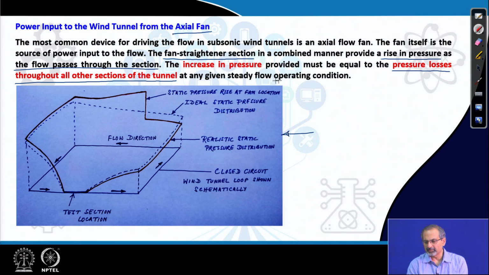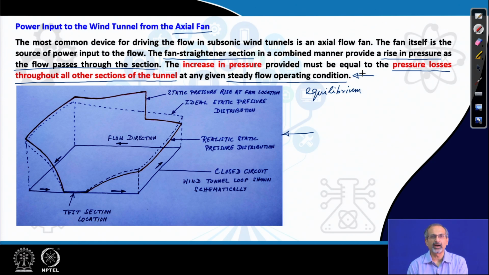And this happens when it is operating steadily. That means the power input at the fan end is exactly balanced with the power losses in the remaining components of the wind tunnel. That brings in an equilibrium, which we are stating as a steady flow operating condition.